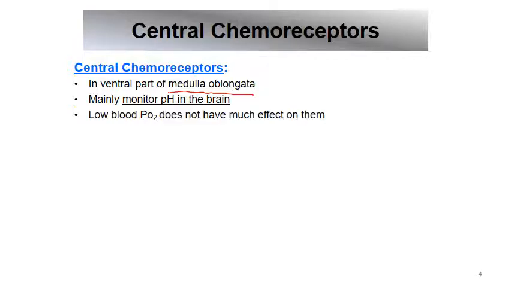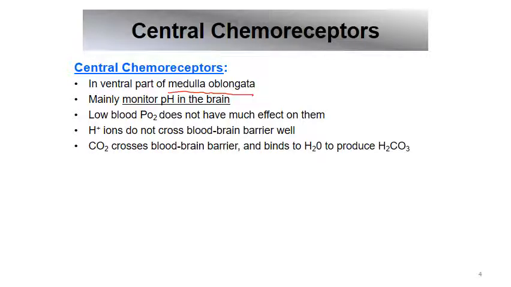Low blood partial pressure of oxygen does not really affect them. Hydrogen ions do not cross the blood-brain barrier very well, meaning the blood vessels surrounding our brain don't allow the hydrogen ions to cross over. But CO2 does cross the blood-brain barrier.